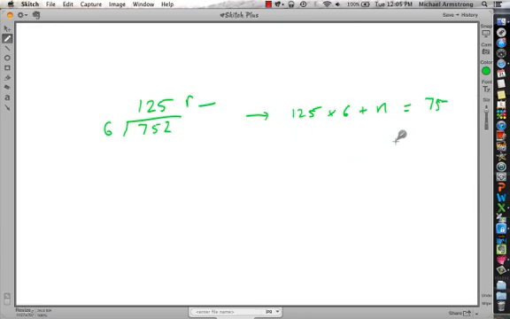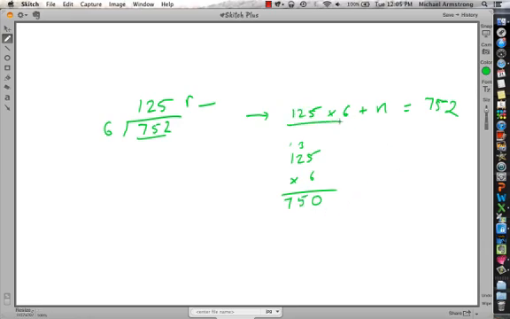So how can I solve this problem? Well, first of all, it's not 75, it's 752. Let's start by multiplying 125 times 6. 125 times 6 is, carry the 3 up there, 12 plus 3 is 15, 6 plus 1 is 7, 750.